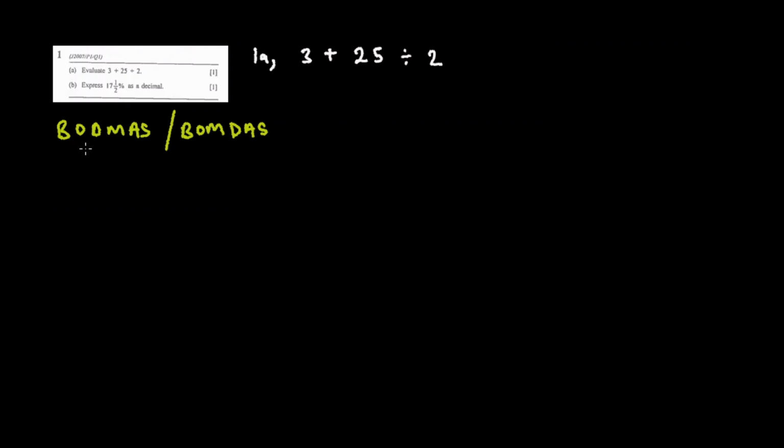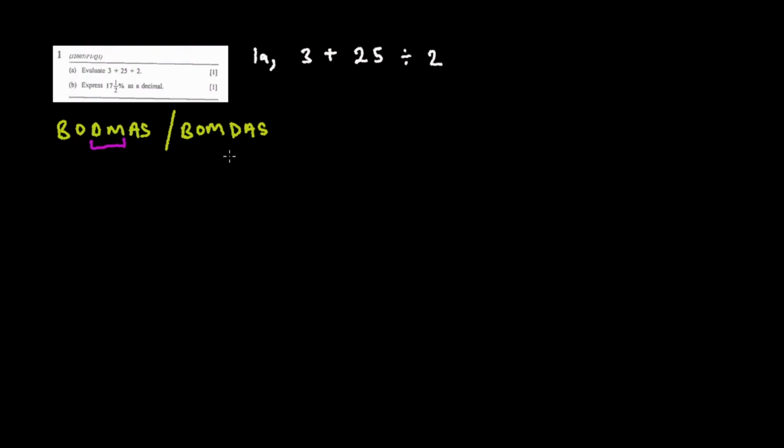So for BODMAS, we know that B represents brackets, then D represents division, M for multiplication, A for addition, S for subtraction. Then BOMDAS, B still represents brackets, M for multiplication, D for division, A for addition, and S for subtraction. The difference is that BODMAS starts with D, then M, implying that we start with division before multiplication.